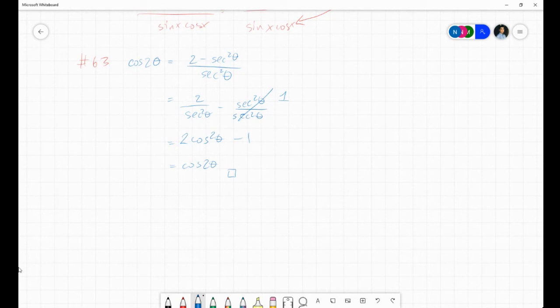So I replaced secant with cosine, so 2 over secant squared came down to 2 cosine squared, and I simplified, and on the other side I just found minus 1. Now what? That's when I'm stuck. That's the identity. That's it. You're done. Oh, okay. So you just have to know that 2 cosine squared theta minus 1 is equal to cosine 2 theta. Yeah, that's the identity. Okay. Thank you.